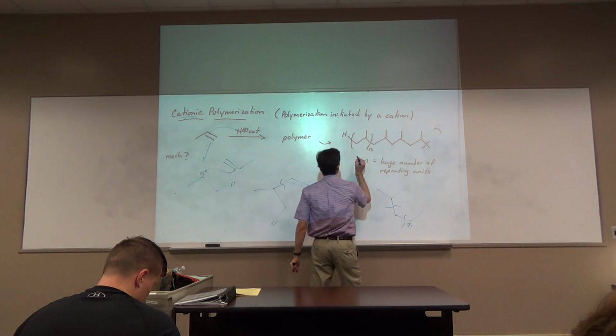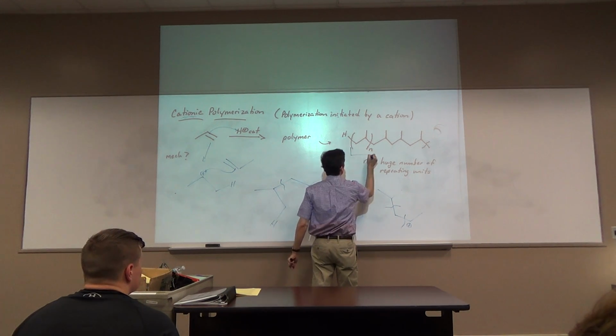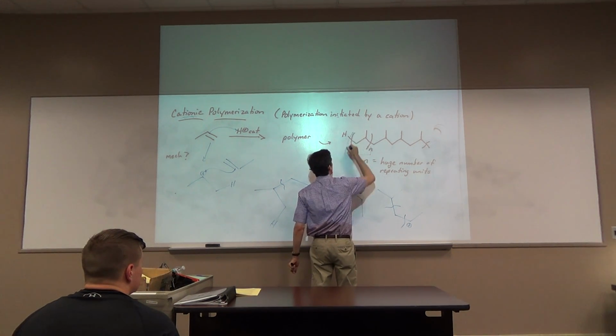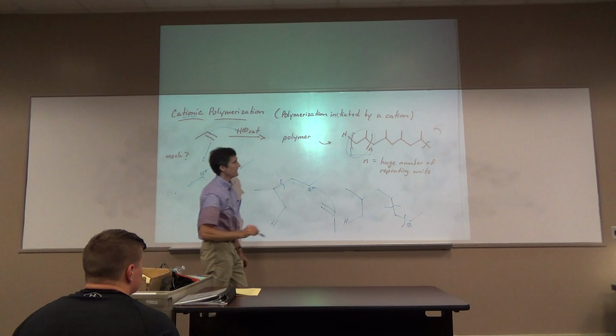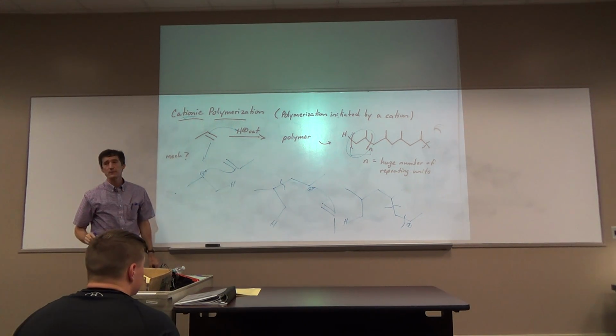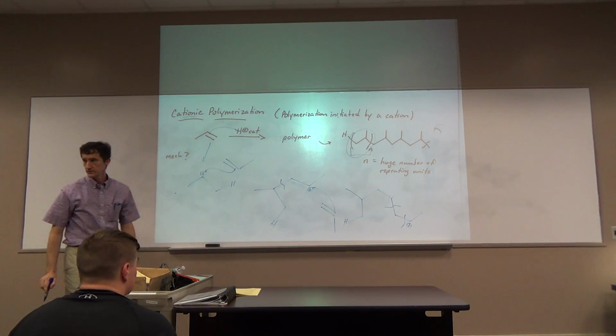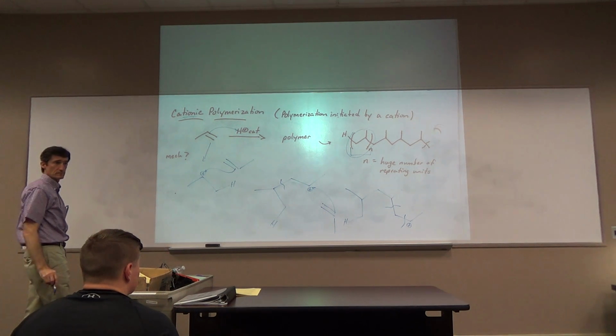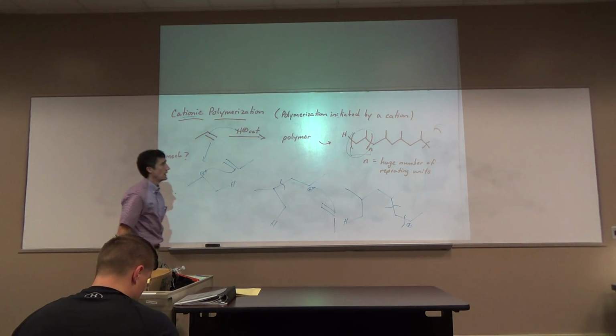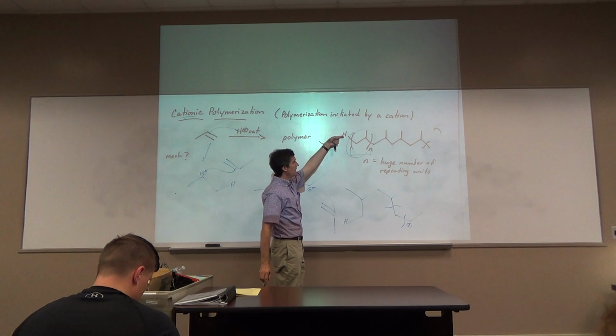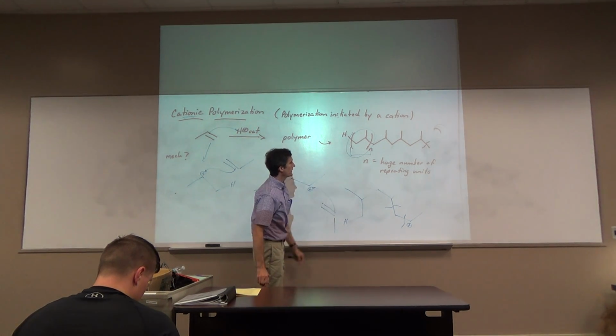Now I could have just shown that, with the end there, and that would have been enough to show you the polymer structure. With the H maybe sometimes shown as well.